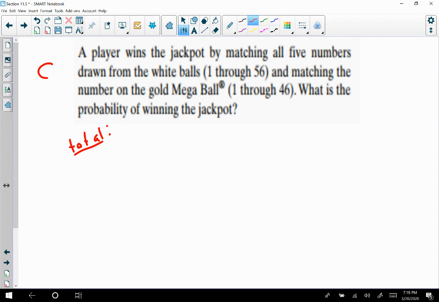Now, this is a bear of a problem, because in order to win, I got to pull from the white balls and I got to pull from the gold mega balls. That's like having the males and the females.